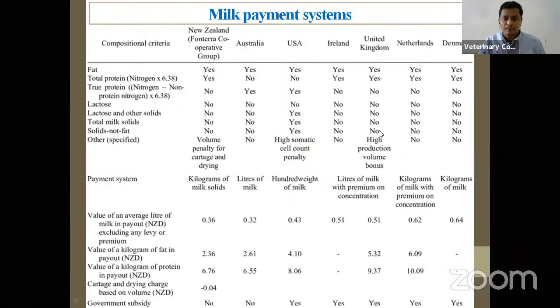United Kingdom, you see high production volume bonus. If someone is producing better quality milk with lower somatic cell count, the incentive is given in the form of a bonus. And these payments are made based on the kilogram of milk solids, or liters of milk, or 100 weight of milk, or liters of milk with premium on concentration.